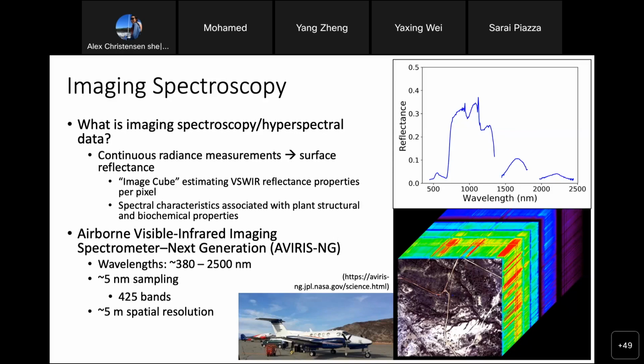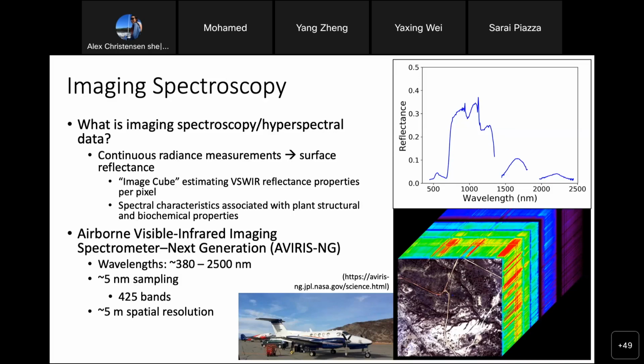But these spectral characteristics that you can derive from these data can be closely associated with plant structural and biochemical properties. So things like canopy water content, photosynthetic capability, and other canopy nutrient traits.